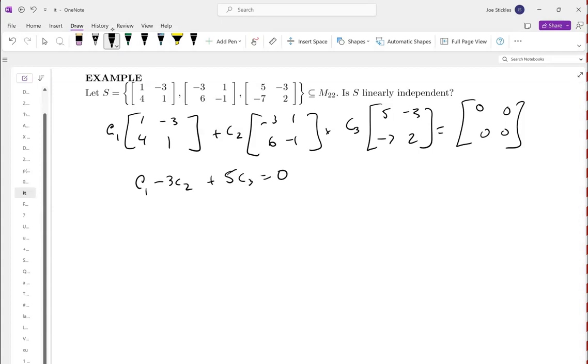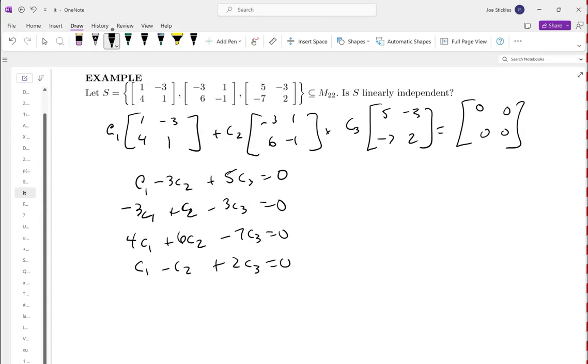That's one of them, the upper left. And then do the same thing for the other entries. If we do upper right, we get negative 3C1 plus C2 minus 3C3 equals 0. Do lower left, 4C1 plus 6C2 minus 7C3 equals 0. Last one, C1 minus C2 plus 2C3 equals 0. That would be the system of equations we set up, correct?